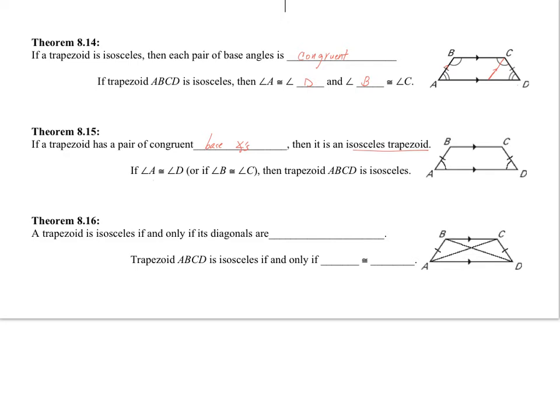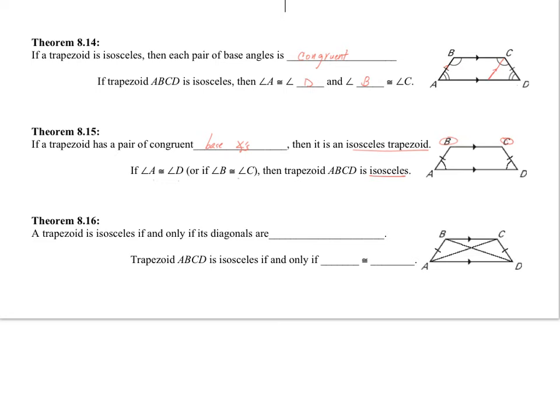So again, if angle A is congruent to angle D, or if angle B is congruent to angle C, then trapezoid ABCD is isosceles. Again, please take a moment and look at the proof on my website before you move on.